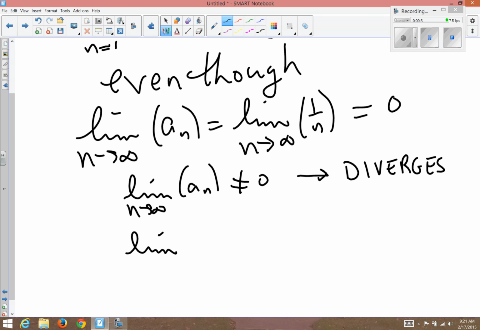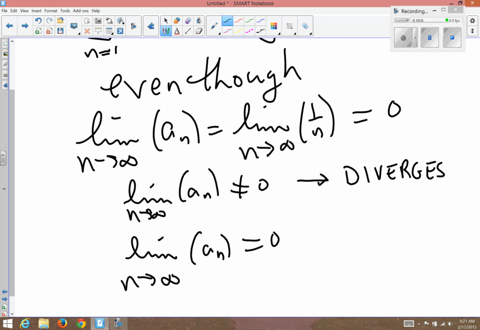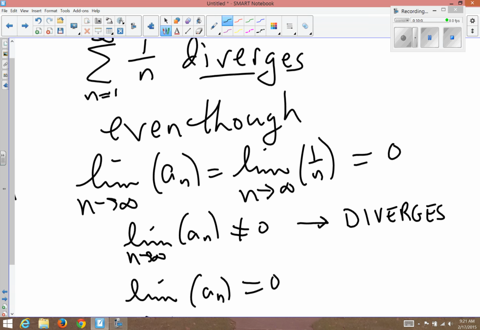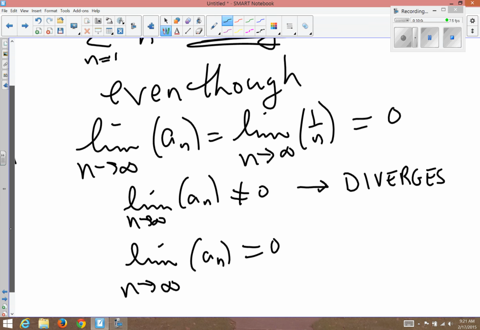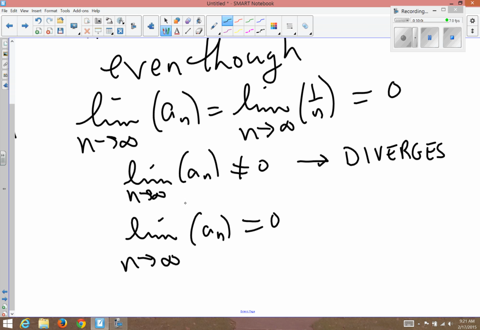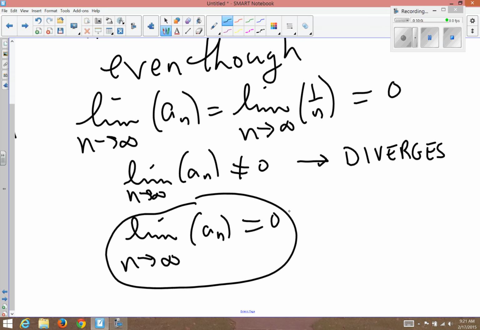When the limit of the nth term as n approaches infinity is 0, we might still have divergence, like right here. So we say that with this information alone, no conclusion can be made. The series might diverge, like the harmonic series, and it might converge.